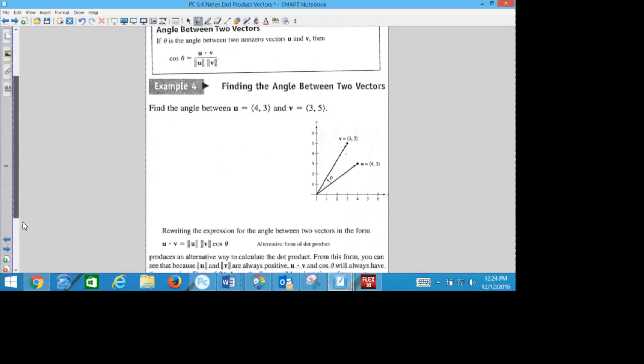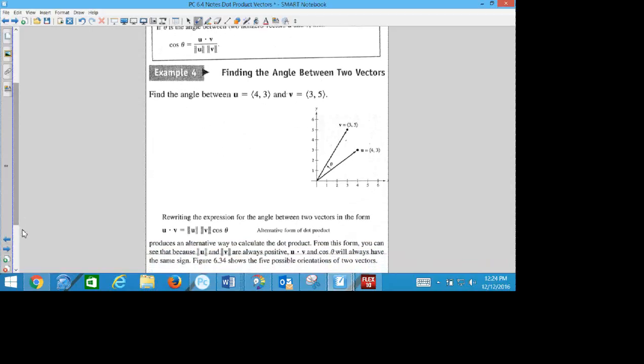So if we have 2 vectors, and we need to know the angle in between, we're going to find the dot product of u times v on top. So that'll be 12 plus 15, whatever number that is. On the bottom, we have to do the magnitude.